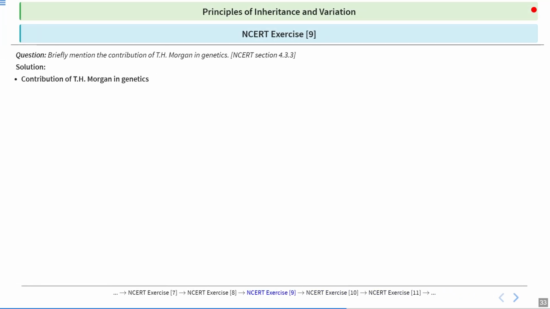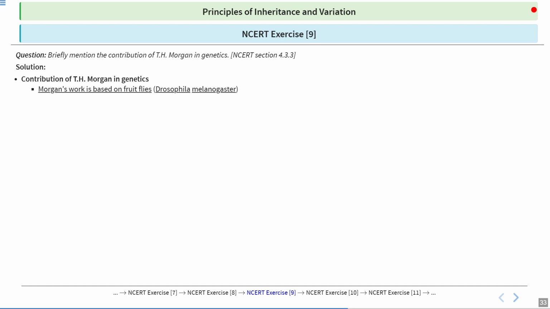So the contributions of T.H. Morgan in genetics were, so Morgan's work was based on the fruit flies. What is the scientific name of fruit flies? Drosophila melanogaster. So a lot of experiments are carried out on Drosophila melanogaster. Why? What is the reason for that?